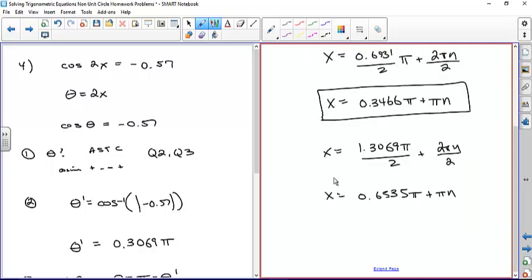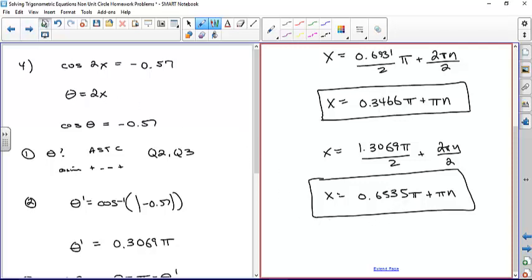So that's my second solution. So those are my two solutions, but those are between 0 and pi because theta is equal to 2x. So theta went from 0 to 2 pi, so x goes from 0 to pi. So this would be correct.